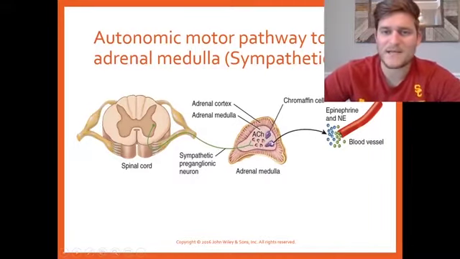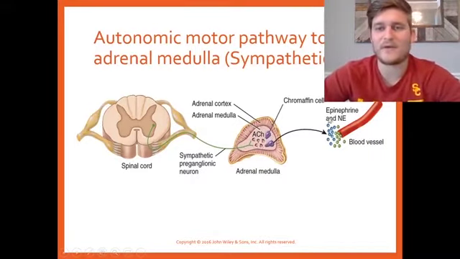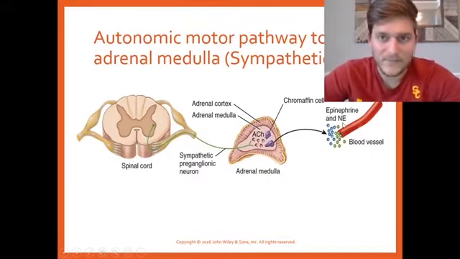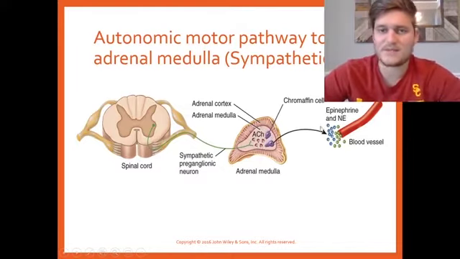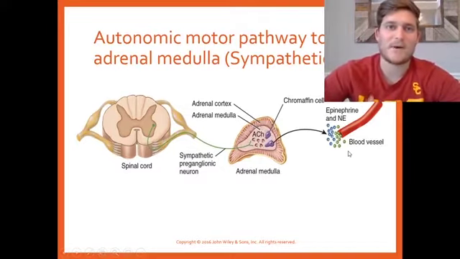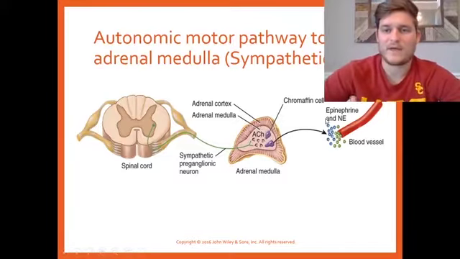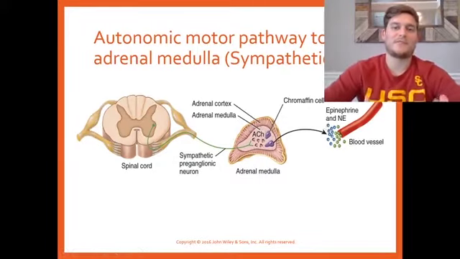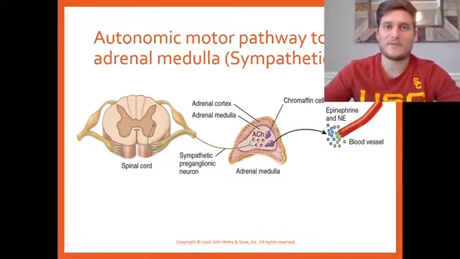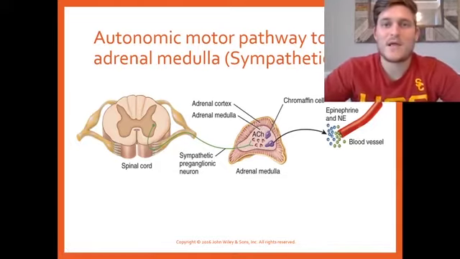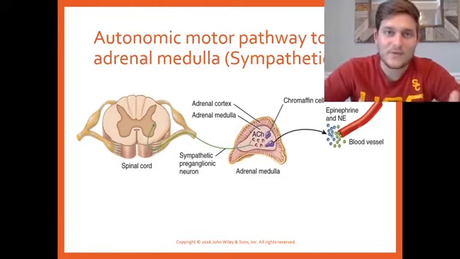And what's going to happen is that they're going to produce epinephrine and norepinephrine. And so these can then circulate throughout the bloodstream and then bind to different receptors located on different cells and organs. And just to note, I've probably said this before in past lectures, but epinephrine and norepinephrine, a lot of times in popular culture and even in medicine, are referred to as adrenaline and noradrenaline.